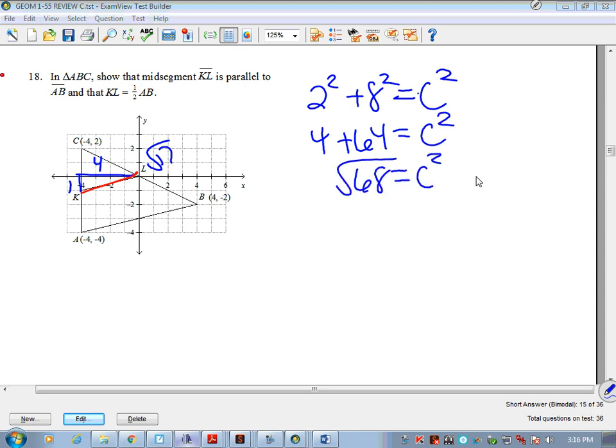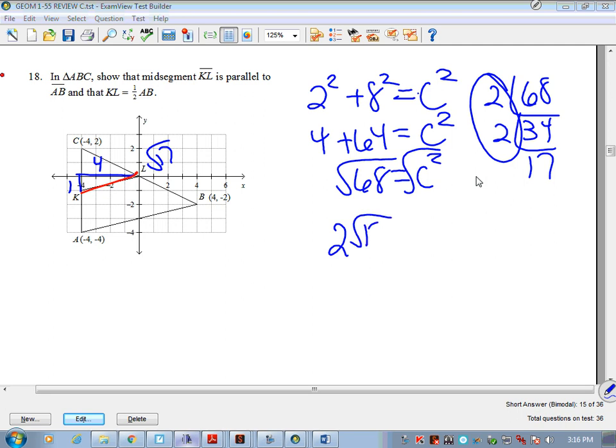So we need to square root this and simplify the radical 68. All right, well, that's going to be 2 and 34. That's going to be 2 and 17. 17 is a prime number that won't reduce. So we're going to end up taking the 2 out, leaving 17 in the radical. Well, wouldn't you know it, 2 radical 17 is twice radical 17, so KL is 1/2 of AB.